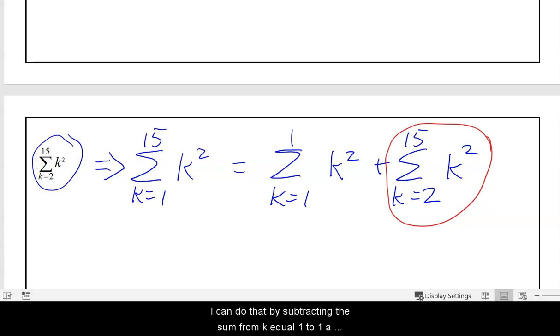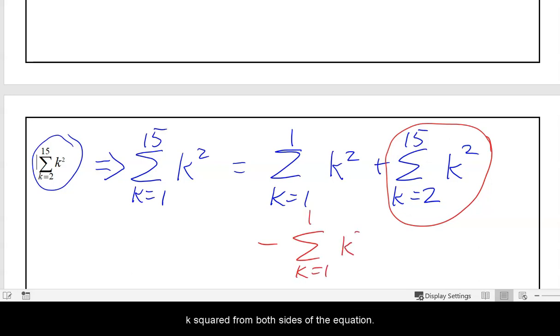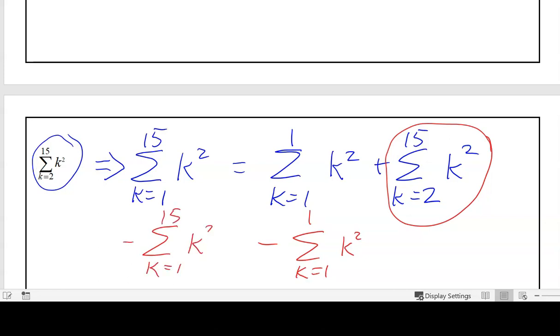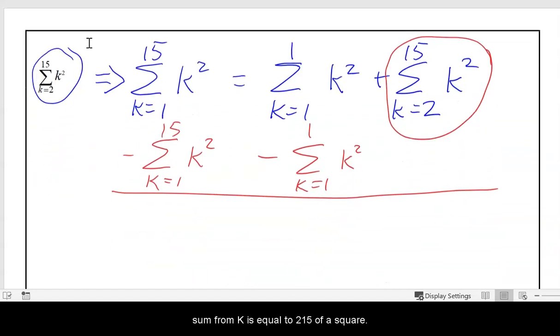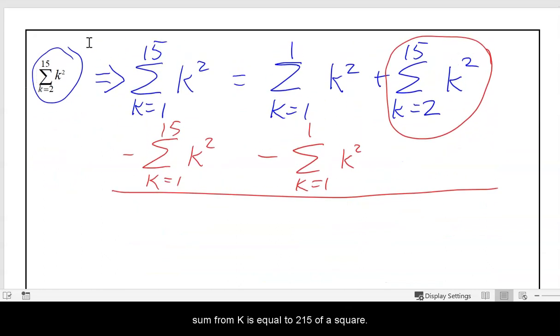I can do that by subtracting the sum from k equal 1 to 1 of k squared from both sides of the equation. This will let me write a different expression for the sum from k equal 2 to 15 of k squared.